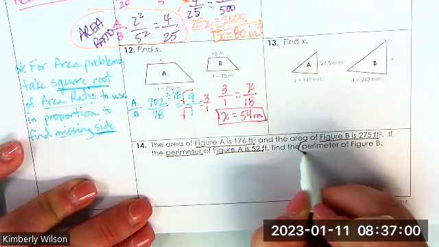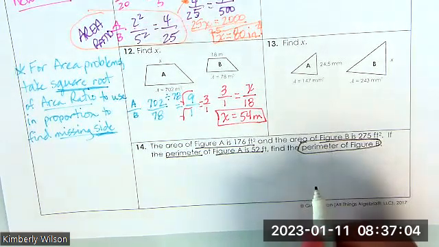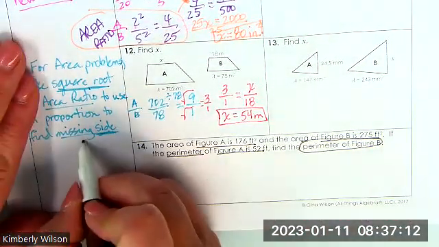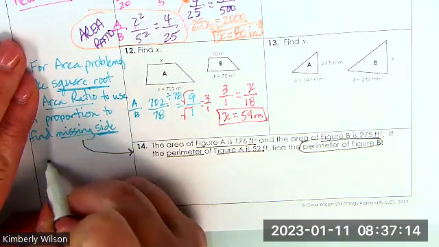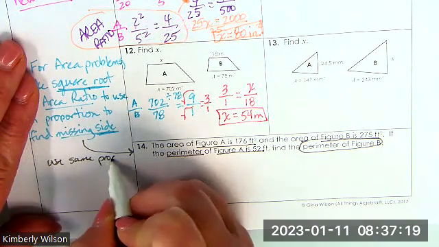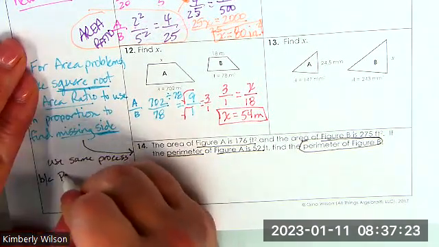We want to find the perimeter of figure B. Remember, perimeter is not squared. It's just like a dimension. So therefore, I use the same process as I did here. Okay, so we use this process here. Use same process because perimeter.